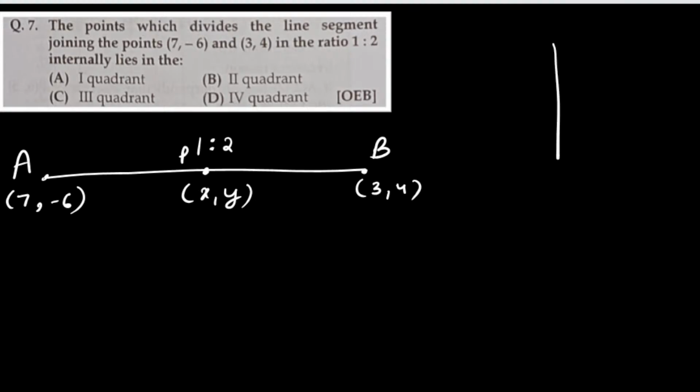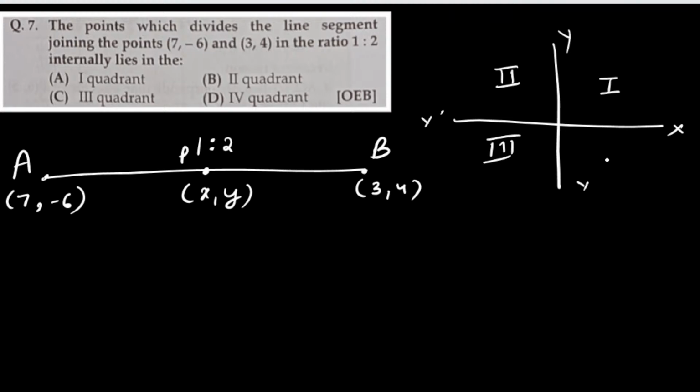This is a Cartesian plane. The horizontal line is the x-axis, the vertical line is the y-axis. Here we see four quadrants. In the first quadrant, both x and y are positive. In the second quadrant, x is negative and y is positive.